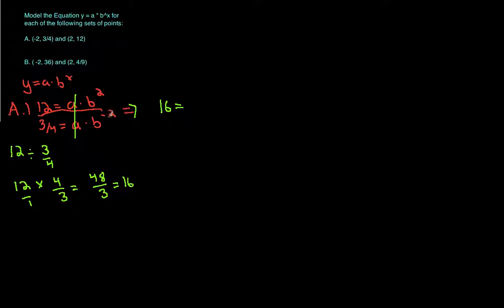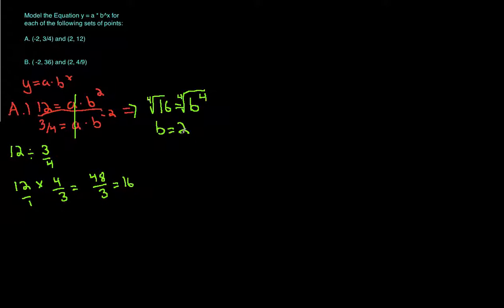So b squared over b to the -2 would be b squared minus -2, which is b to the 4th. I can solve this by taking the 4th root of both sides, and I find that b is going to equal 2.